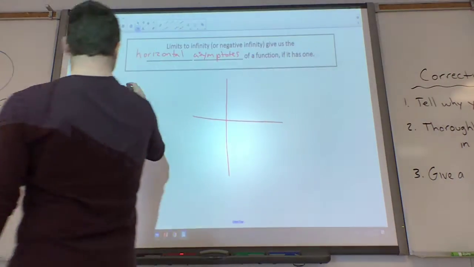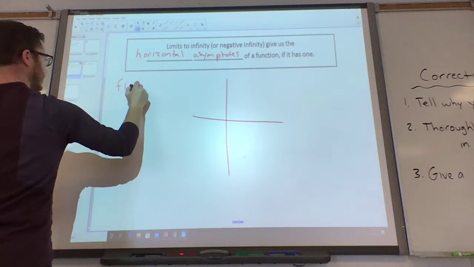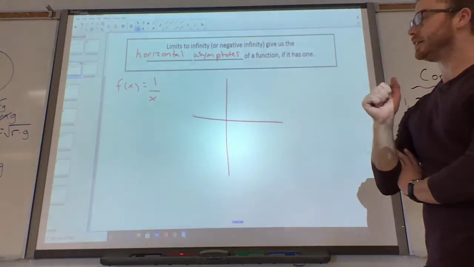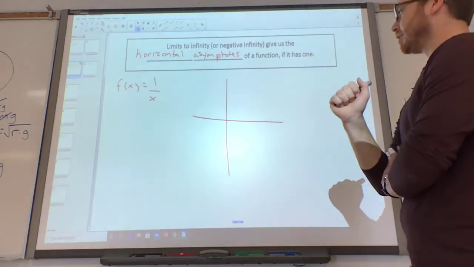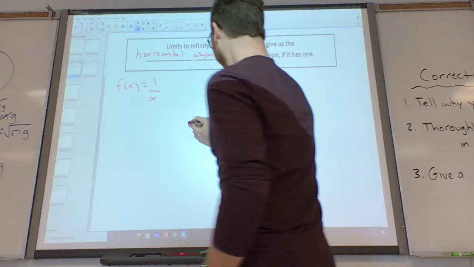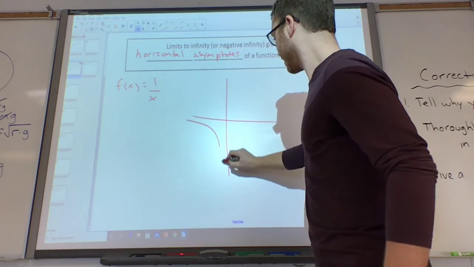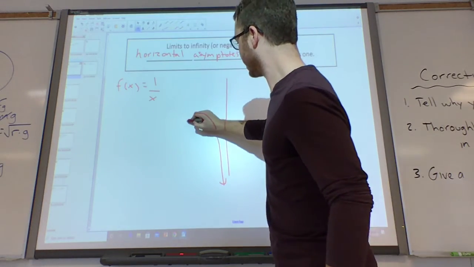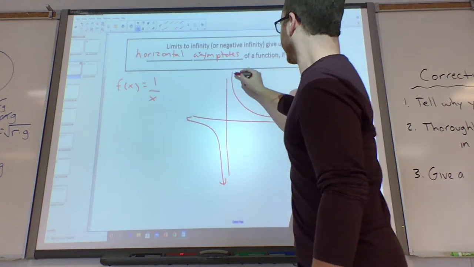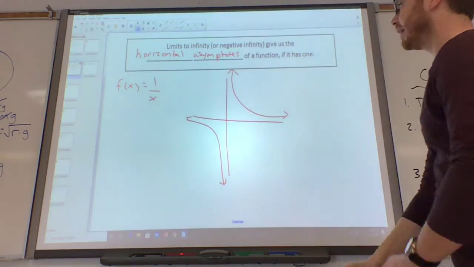f of x is equal to 1 over x. Okay. So we have seen this graph before, and it looks something like this. Okay.